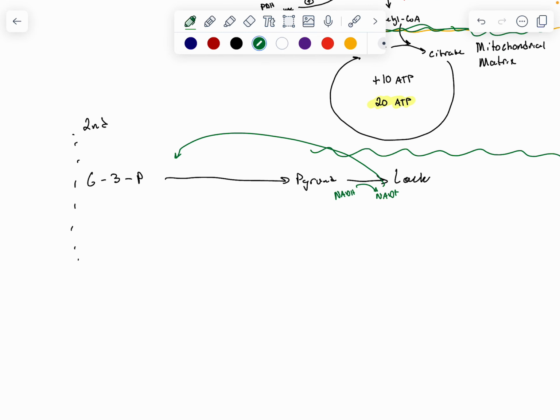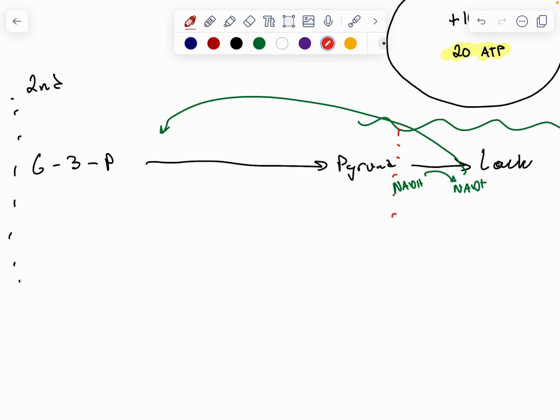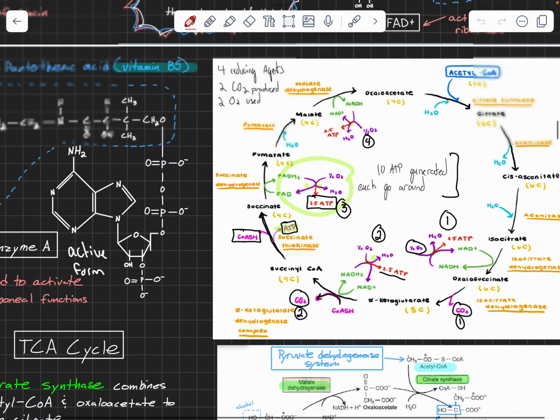In an aerobic state, we stop right here. So that reduction of pyruvate to lactate doesn't occur. So how are we going to get NAD plus back to initiate that G3P initiation to go down the second stage of glycolysis? Well, this is where the glycerol phosphate shuttle comes into play.